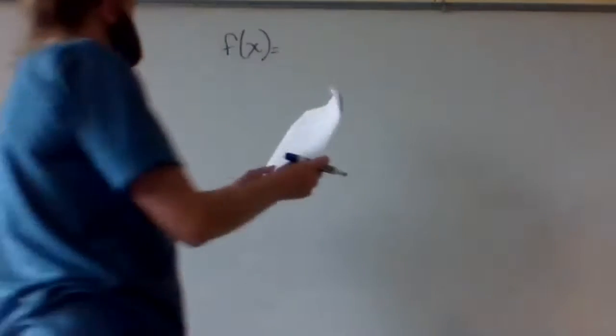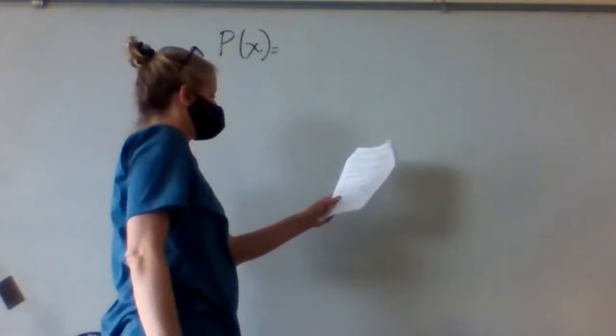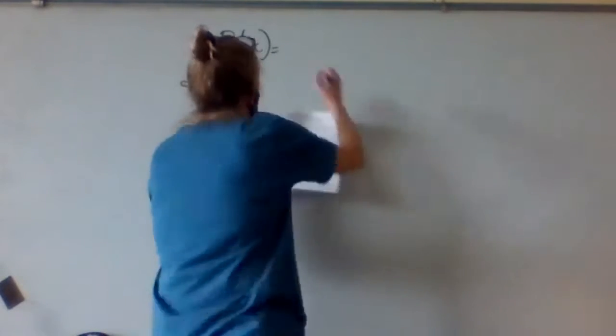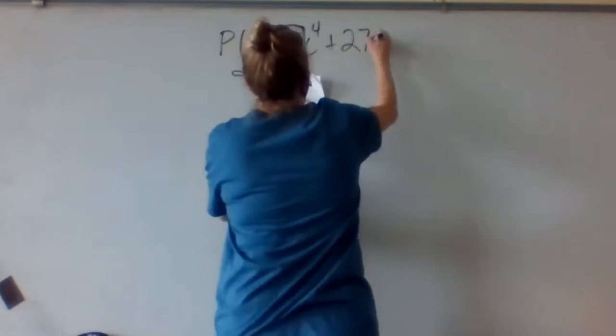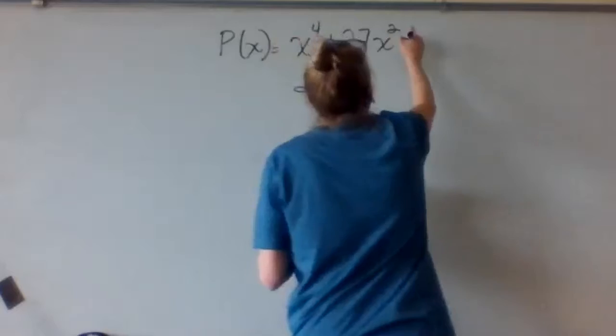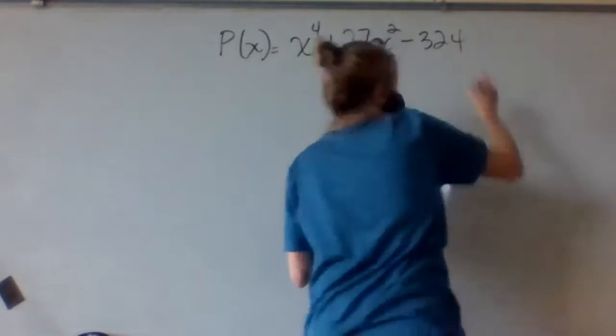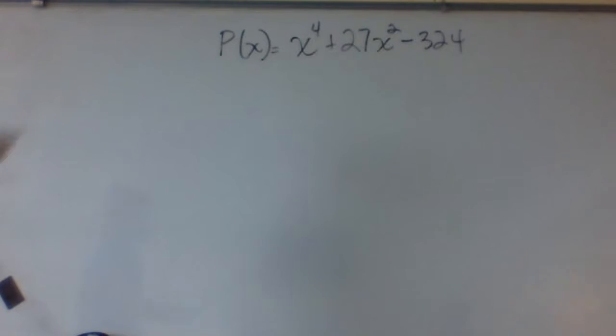All right. P of x equals x to the 4th plus 27x squared minus 324. 6i is a zero.